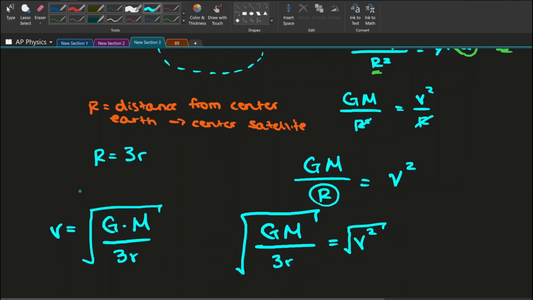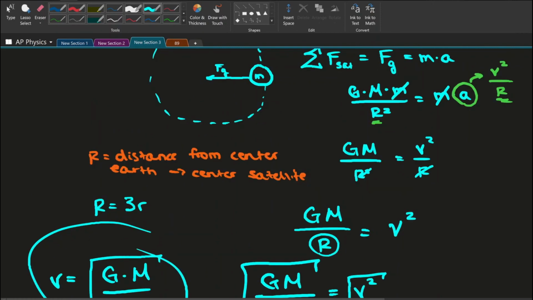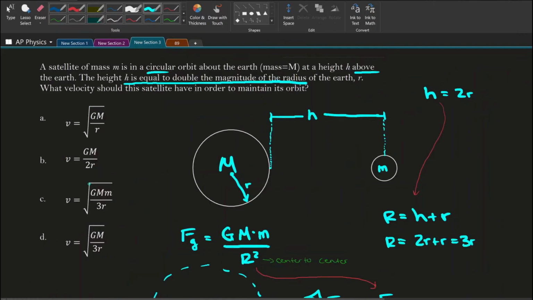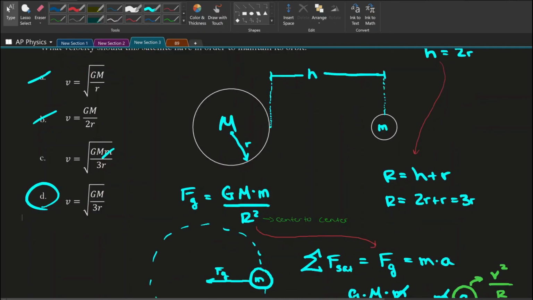So let's go up above and see if there is an equivalent answer, if that's one of our options. And we see not these. This is a tempting answer, C, but our mass canceled at some point, so this is not right, and we get answer D. So we see here that we talked about finding the distance from center to center, and that is what you use in your force of gravity equation.